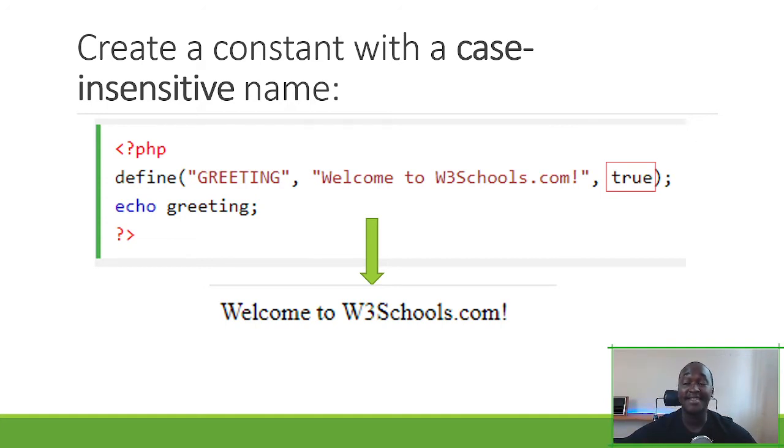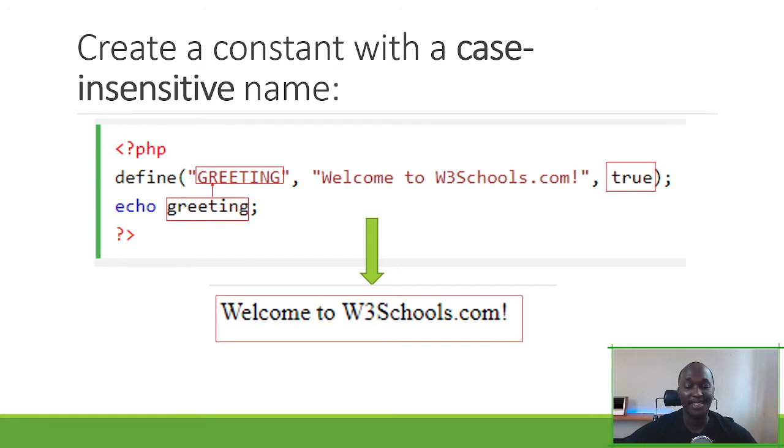I think the correct thing to say is, when you give it a value of true, that's why I said you have to read more about this, then it becomes case insensitive. Case insensitive meaning that even though you defined it here with all caps, now we are able to echo using lowercase, and it's still going to give us the output.